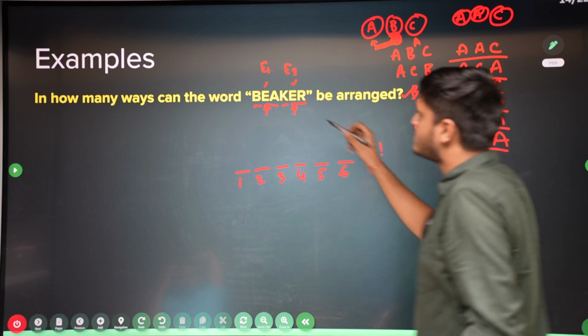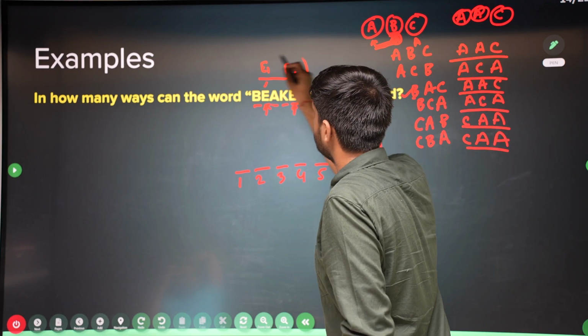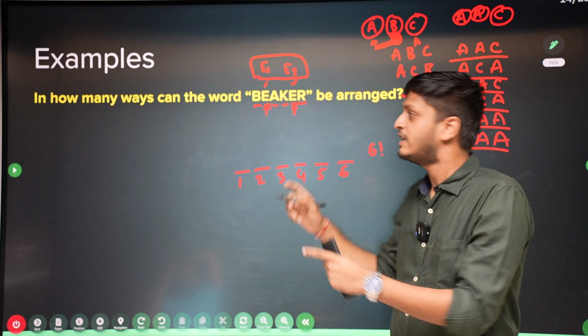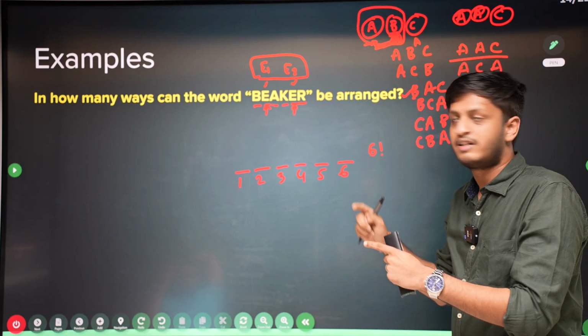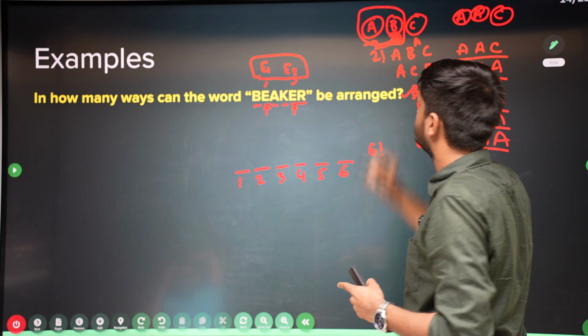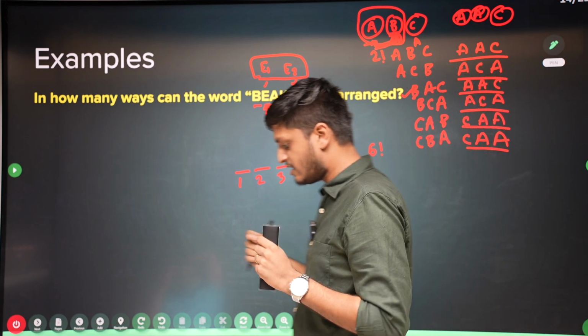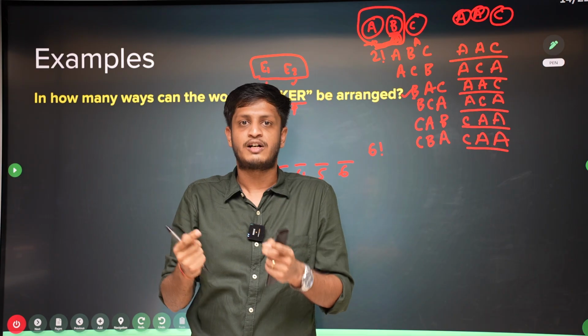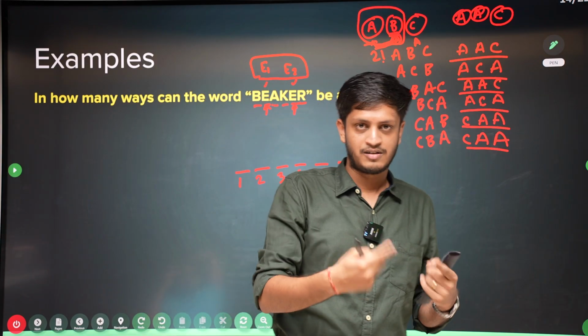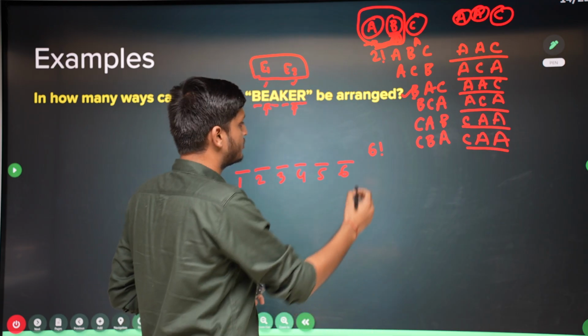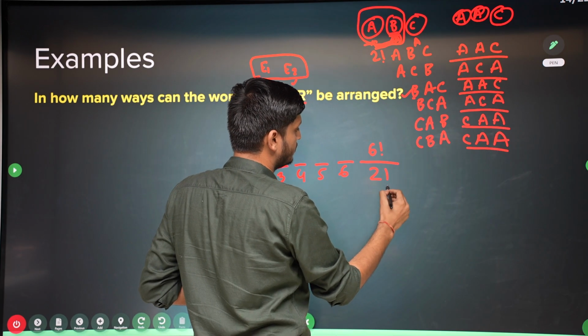Why? Because of the number of ways in which we can arrange these two among themselves. Here also the same thing. The number of ways in which we can arrange E1 and E2 among themselves is 2 factorial. So every permutation will be counted 2 factorial times. That will be the repetition factor. So we have to divide this by 2 factorial.